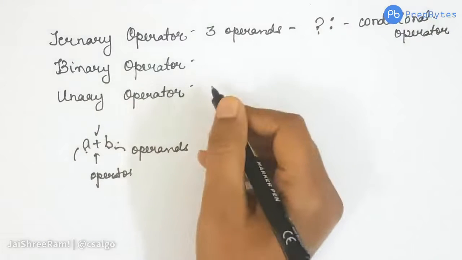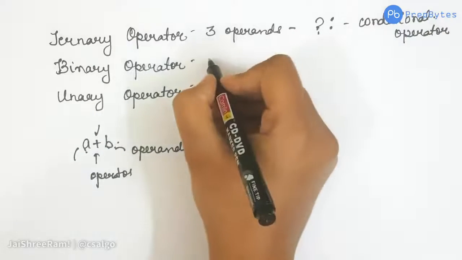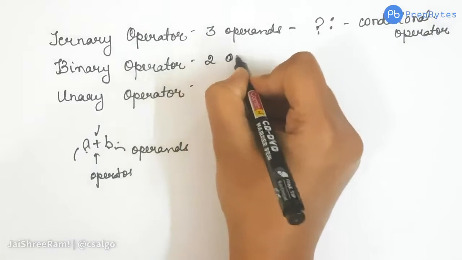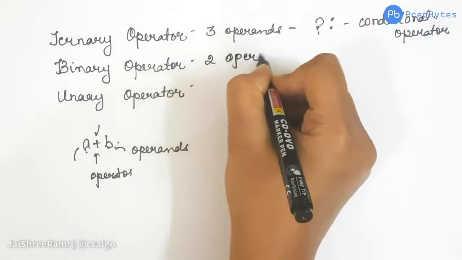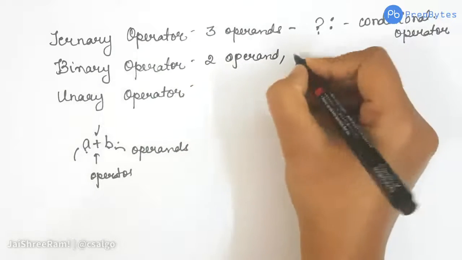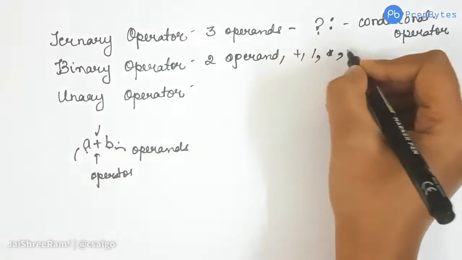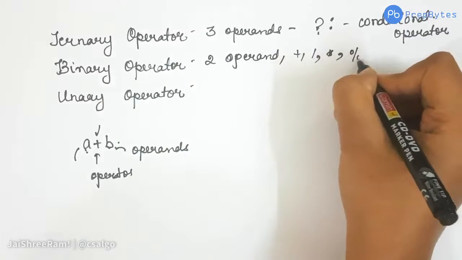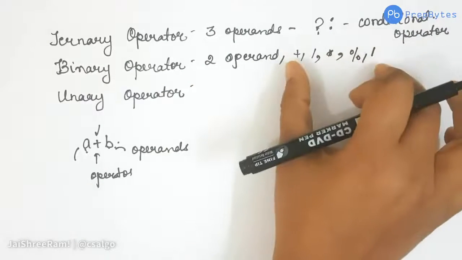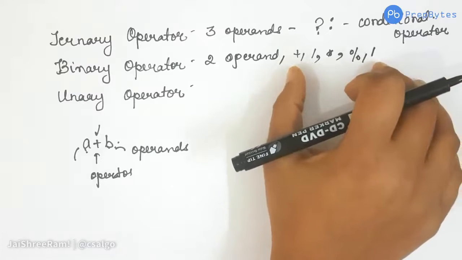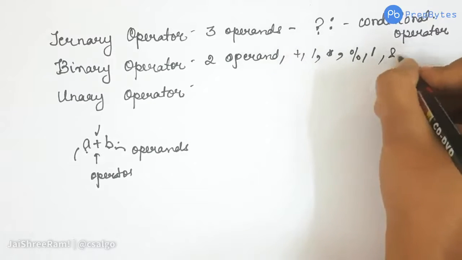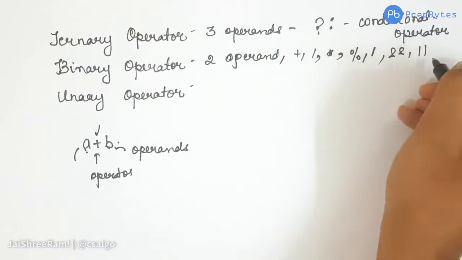A binary operator is something that needs two operands. So we have plus, minus, multiplication, modulo, division. These are the binary operators. We also have logical and, or as binary operators.